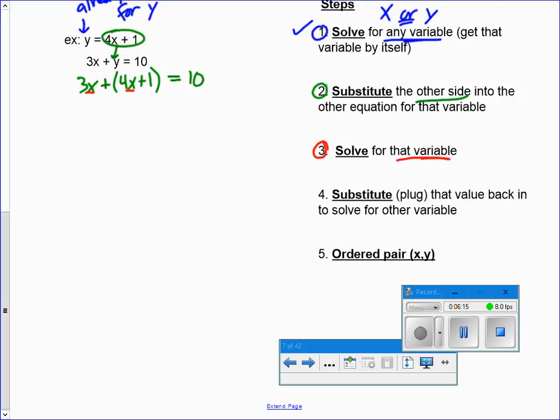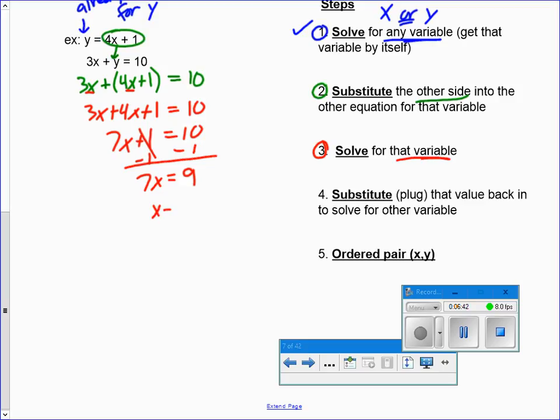Since I have a plus sign and nothing in front of it, I can go ahead and drop the parentheses. 3x plus 4x plus 1 equals 10. Combine those two, it's 7x plus 1 equals 10. Subtract 1 on both sides. 7x equals 9, and then divide. So x is 9 over 7.